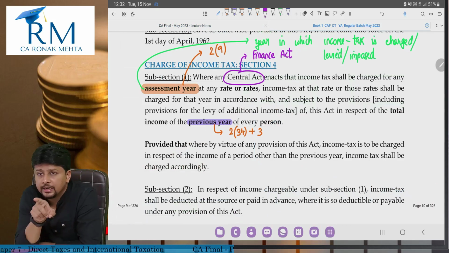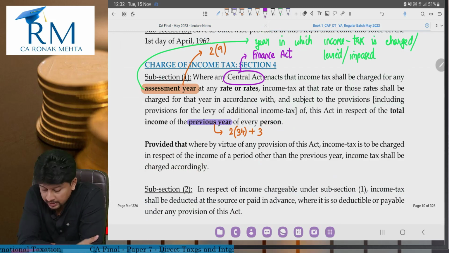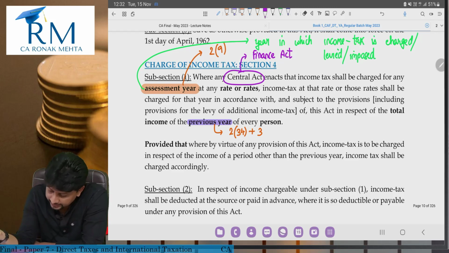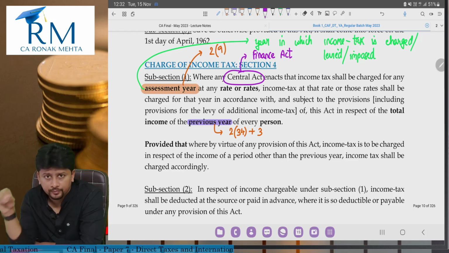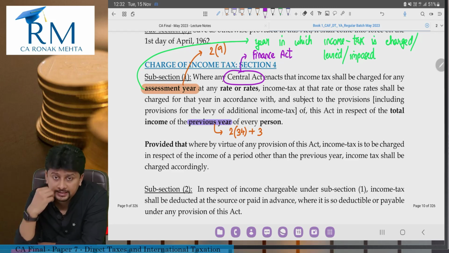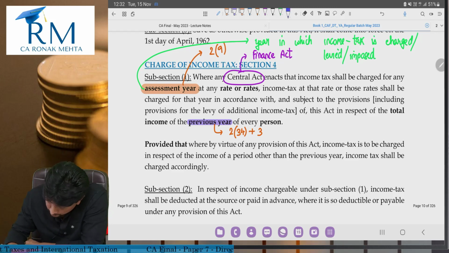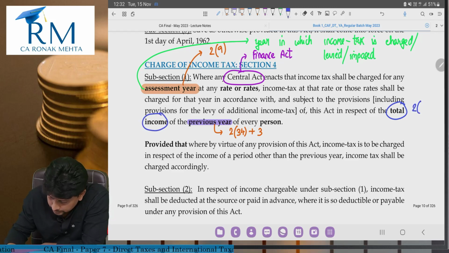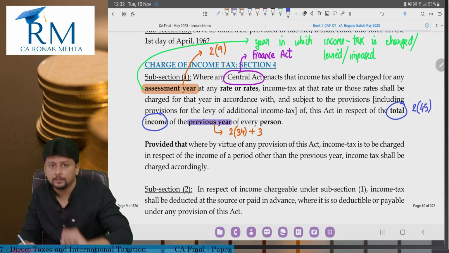Where any central act enacts that income tax shall be charged for any assessment year at any rate or rates, income tax at that rate or those rates shall be charged for that year in accordance with and subject to the provisions of this act. This act means Income Tax Act, in respect of the total income, section 2 clause 45, of the previous year.